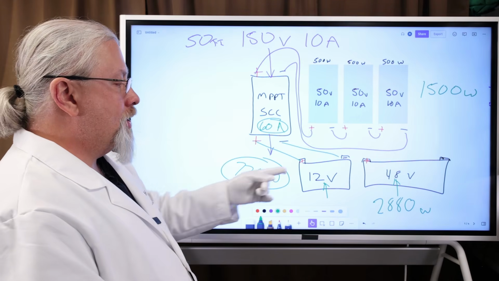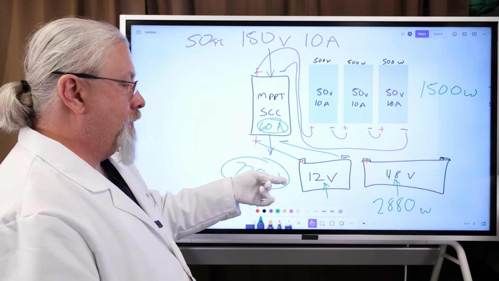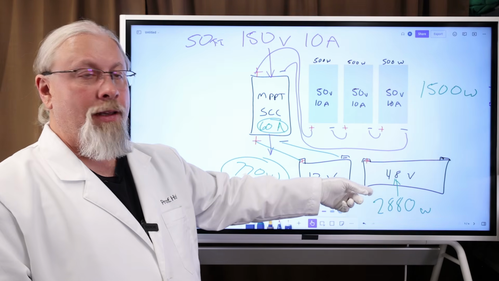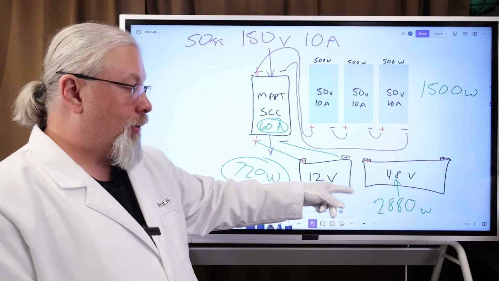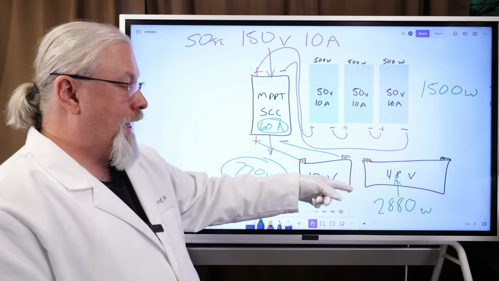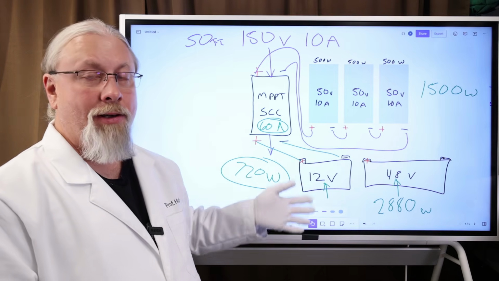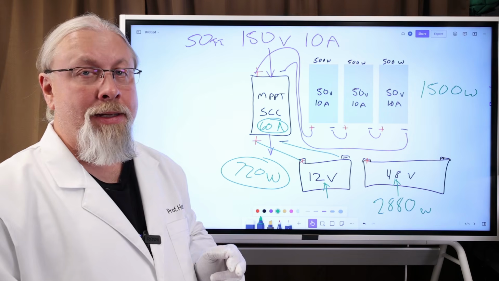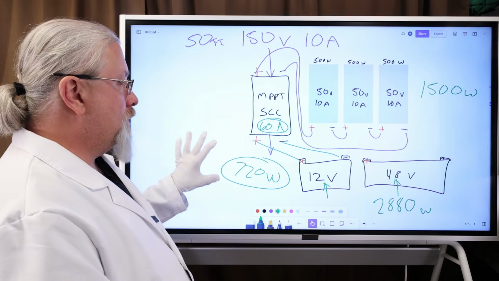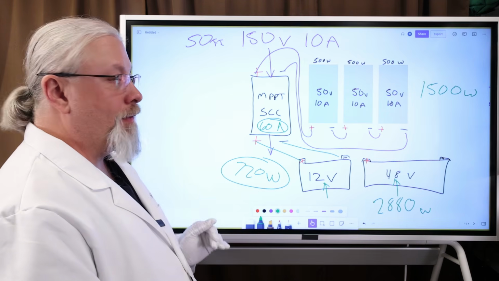Just be aware of the limitations. If you decide to go with a 12 volt system compared to a 48 volt system, now the 48 volt system has its own issues because most things in a vehicle require 12 volts to run, not 48, so you have to do step down conversion and all this other stuff you got to add in. Inverters for 48 volts are also more expensive. So that's why most people in vehicles stick with a 12 volt system.